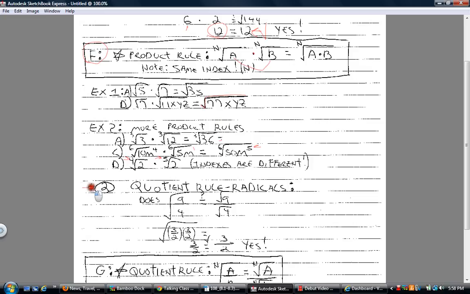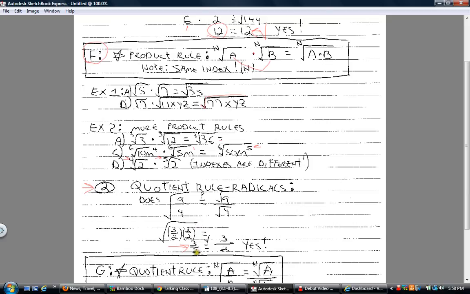Okay, objective 2 here, we're going to talk about the quotient rule for radicals, and we've kind of done this before, but the idea is this. If you have the square root and a fraction underneath it, what times what gives you 9/4? Now I'm trying to prove to you here that 3 halves times 3 halves is 9/4. So what times itself gives you 9/4? The answer is 3 halves.